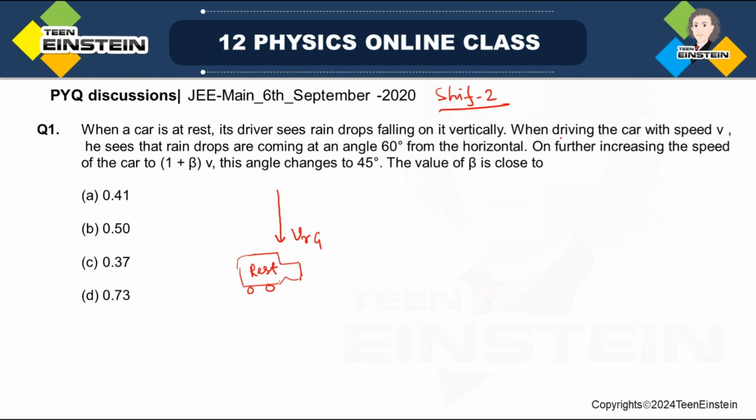When driving the car with speed v, the driver says that the raindrops are coming at a 60-degree angle from horizontal.